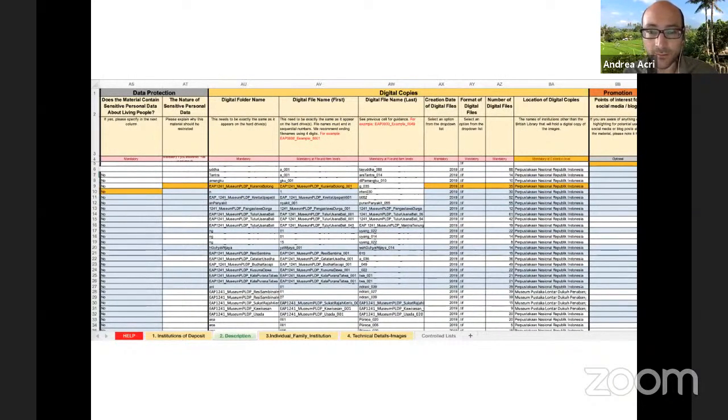So this has to be done very carefully. All the files have to be mentioned, the numbering, etc. Then we have the date of creation, of course, the alternative repositories, etc. So this is the technical part.